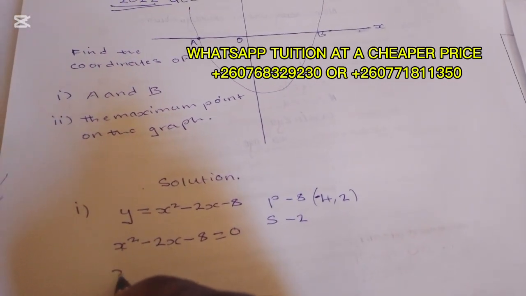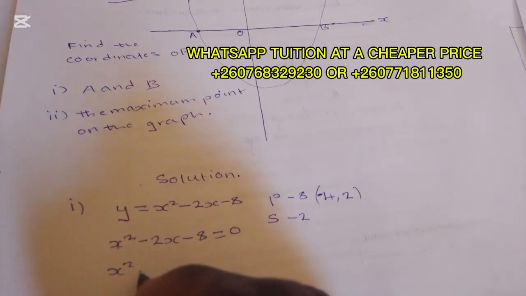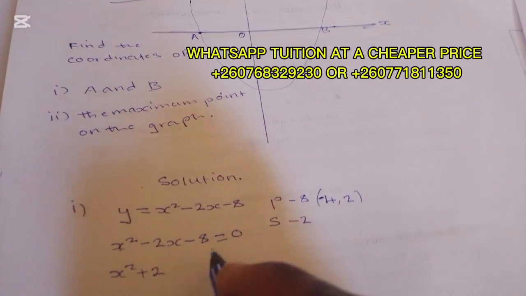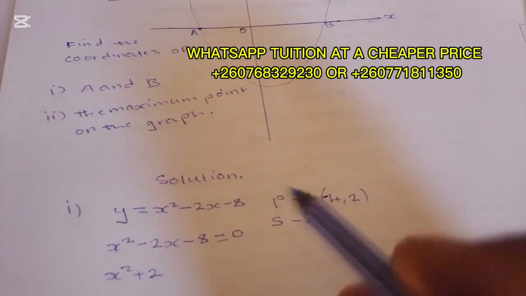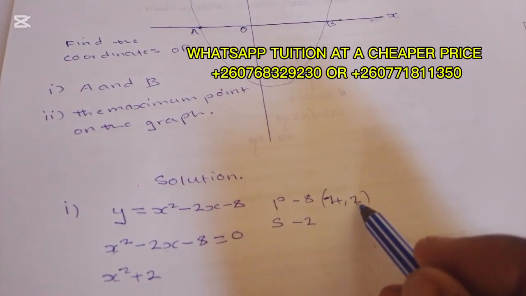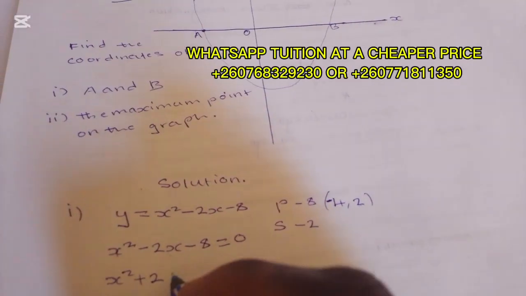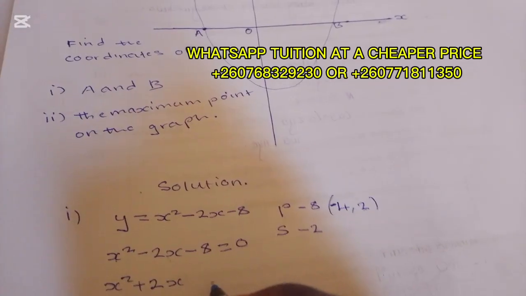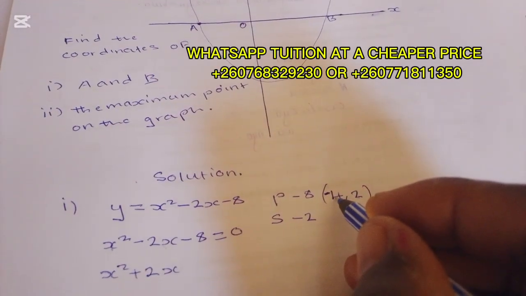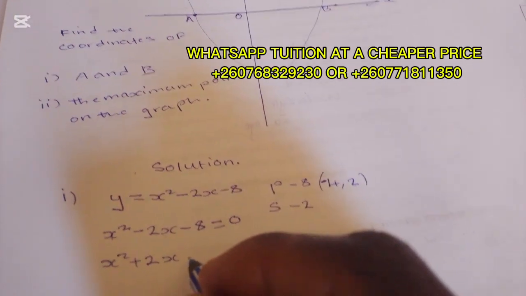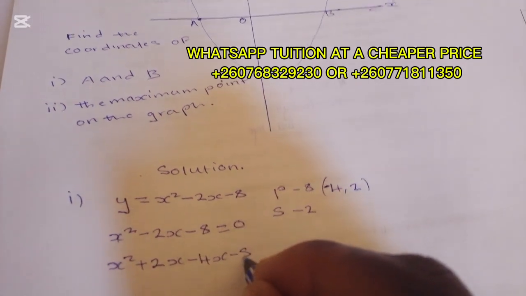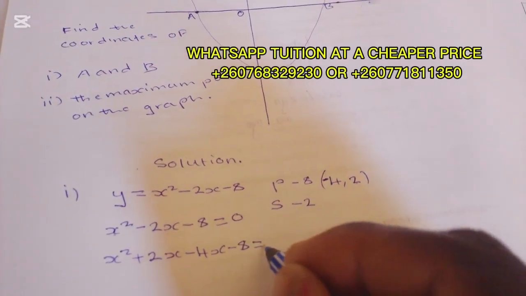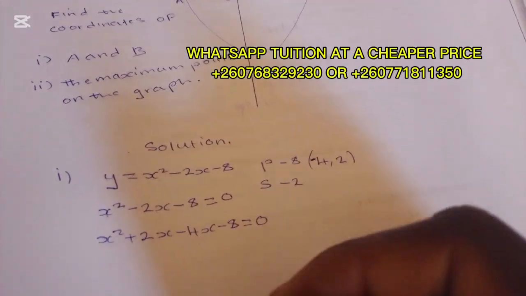So we start writing x squared plus 2x. We get these factors and replace where there is the middle term. So this 2 is positive, then we say 2x, and we get this 4 and write it here, negative 4x minus 8 is equal to 0.